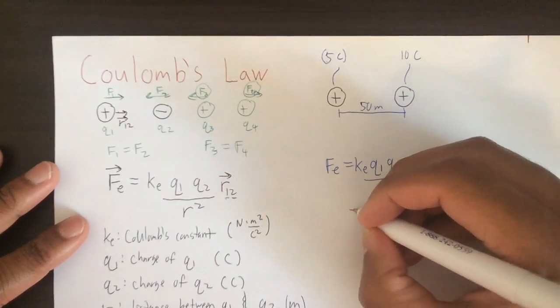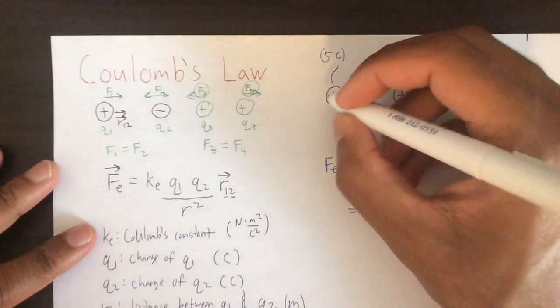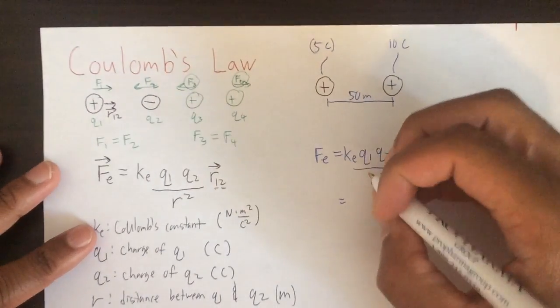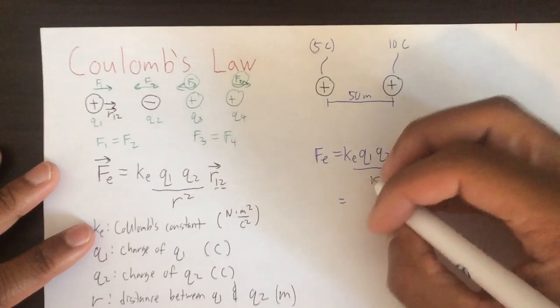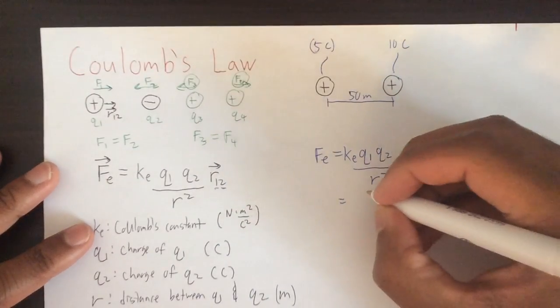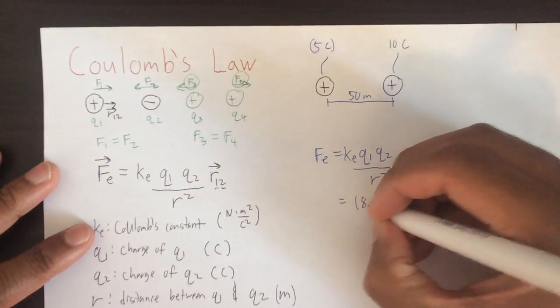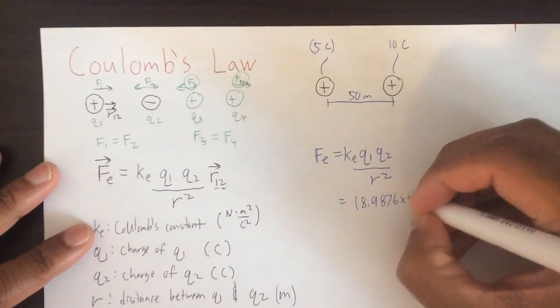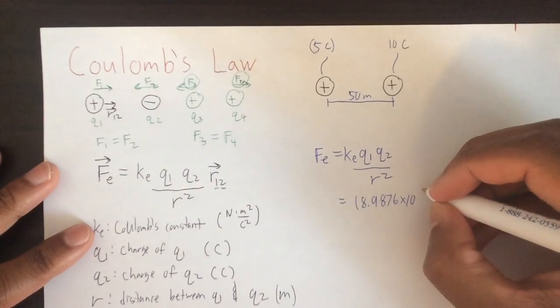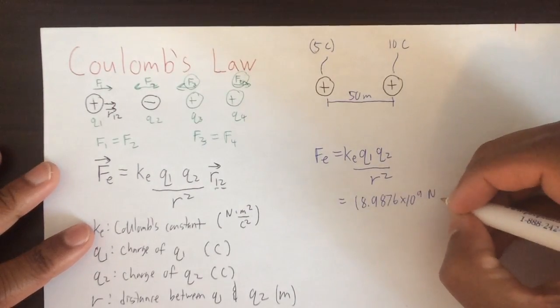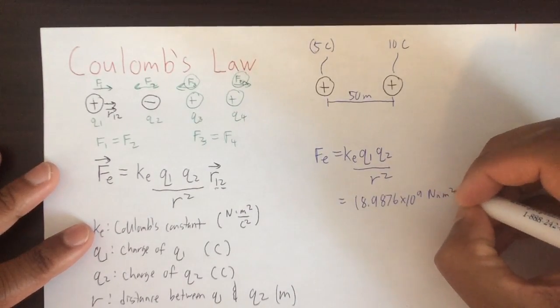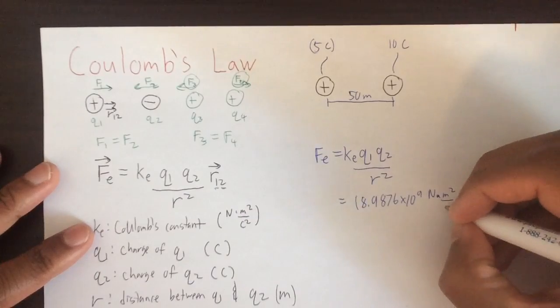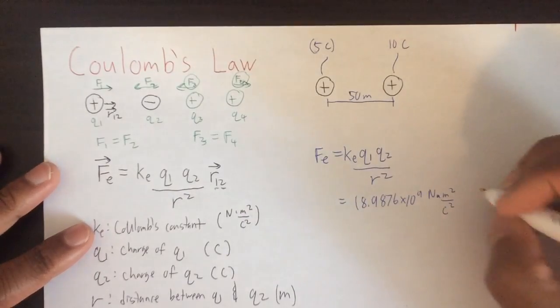And if we plug in the numbers for this situation, Coulomb's constant, you can find this in a book, is 8.9876 times 10 to the 9th newtons times meters squared divided by coulombs squared.